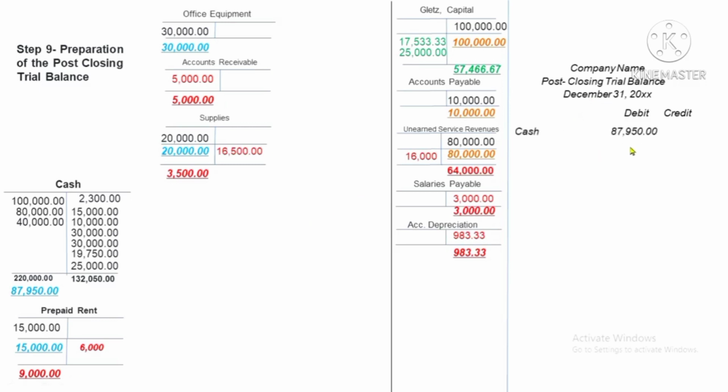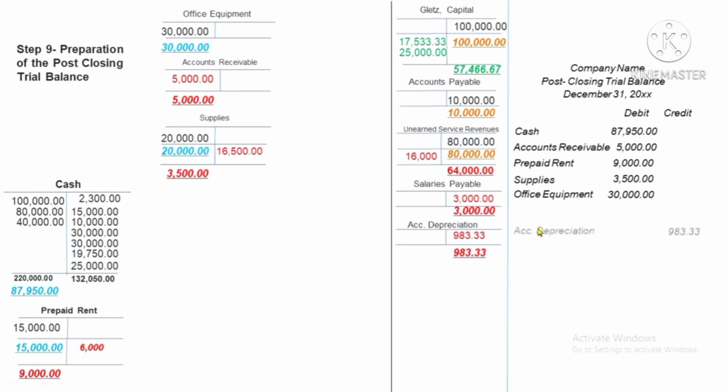The cash is 87,950, followed by the accounts receivable of 5,000, and then we have prepaid rent of 9,000, and then we have the supplies of 3,500, and also we have the office equipment of 30,000. However, there is an accumulated depreciation, so let's put it on the credit, 983.33, and those are the assets.